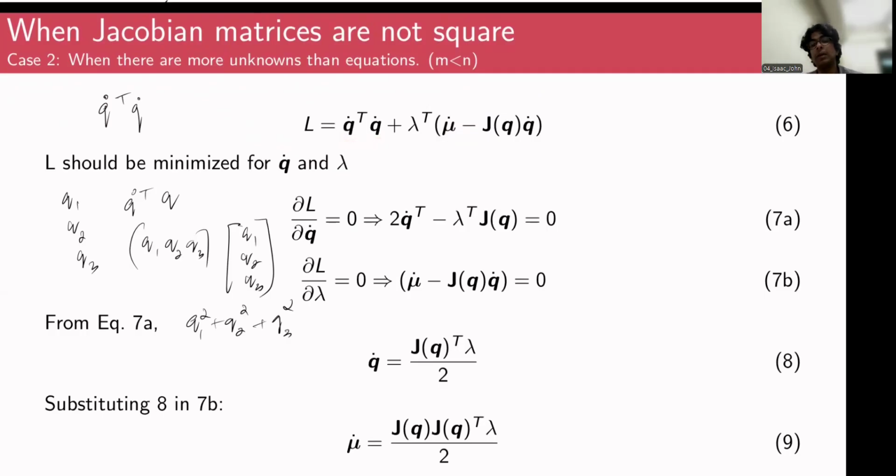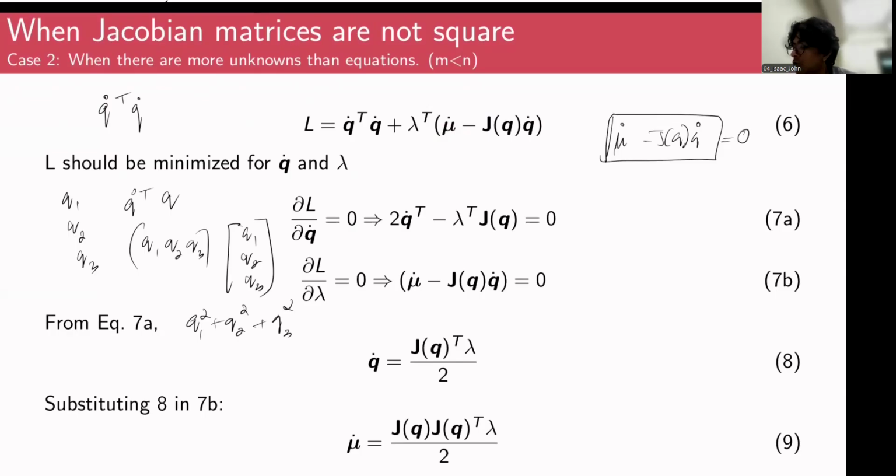It can be 0, 0, 0, which corresponds to a minimum norm. But then we cannot select any arbitrary q dot. The q dot that has the minimum norm should also follow this constraint, mu dot minus J of q dot. It has to follow this constraint. This should be equal to 0.